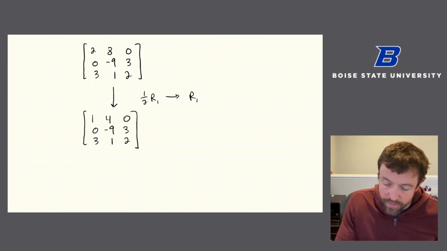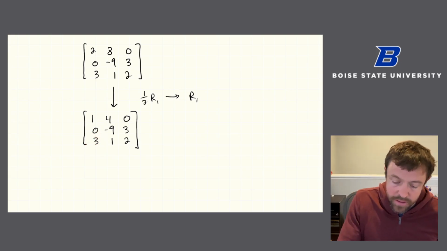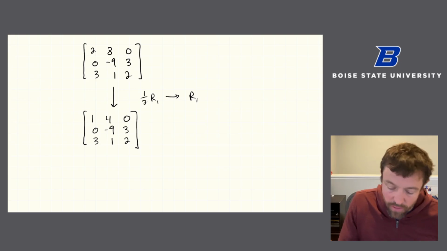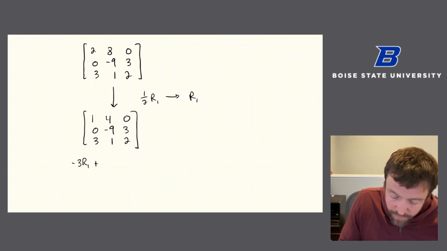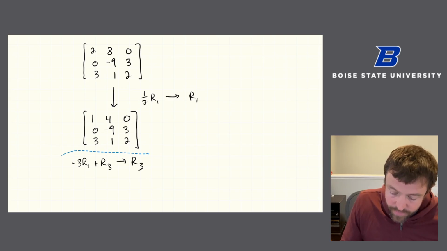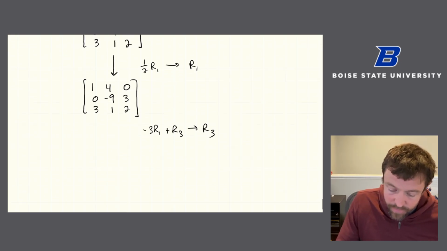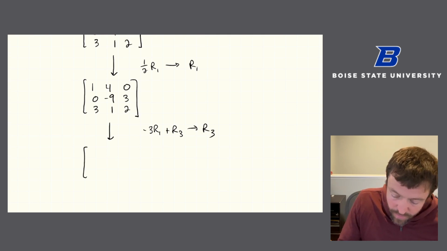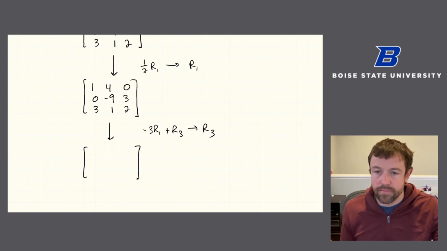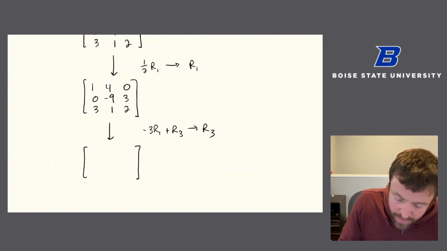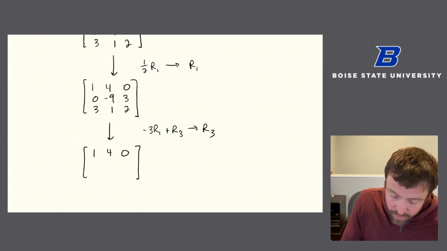Now I need to get rid of this 3 right here. So I'll add -3 times row 1 to row 3. If you haven't done row operations in a little bit, if you've been doing things with software, this is a good time to review and practice.